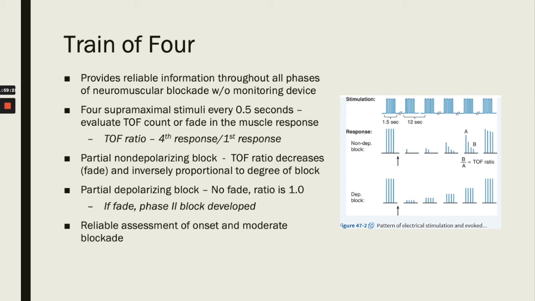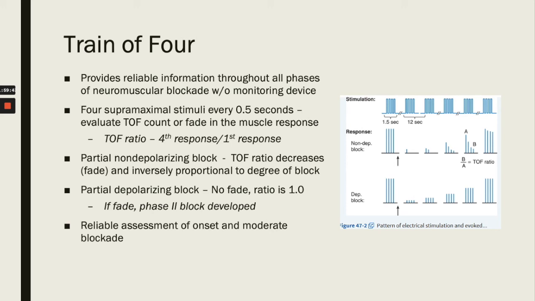In a partial depolarizing block, you don't see fade. The ratio is 1-to-1. So when you give succinylcholine, basically the first response is going to match the fourth response.